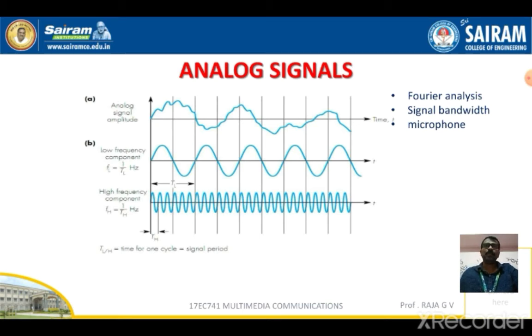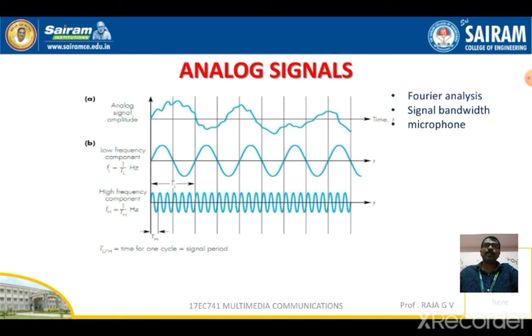That means Fourier analysis shows that any time varying analog signal is made up of a possibly infinite number of single frequency sinusoidal signals whose amplitude and phase vary continuously with respect to time relative to each other.